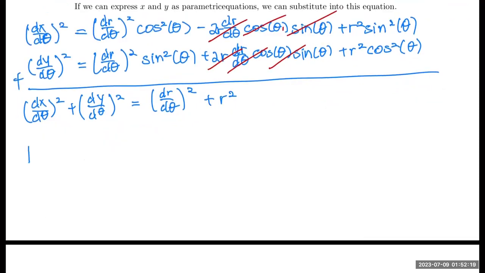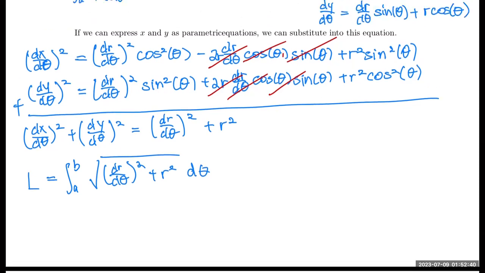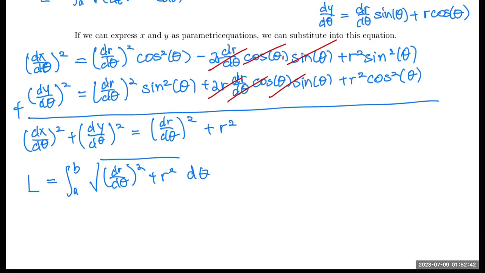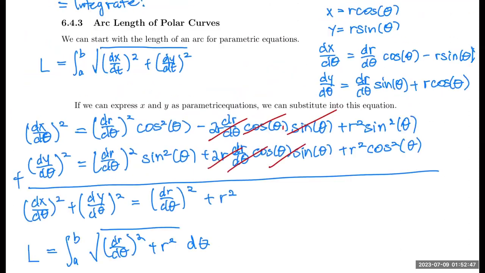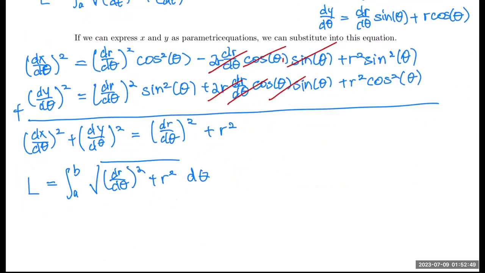So the length, if we put everything back in, is the integral from a to b of the square root of dr divided by d theta squared plus r squared d theta. And there we go. That is how we can find the length of the parametric or the polar curves. All right.